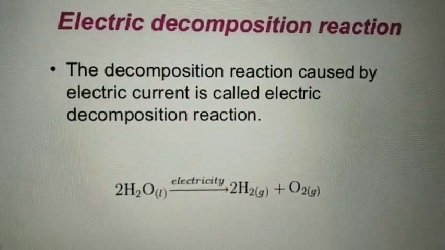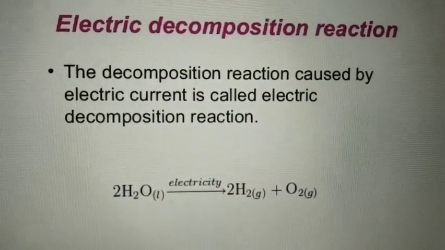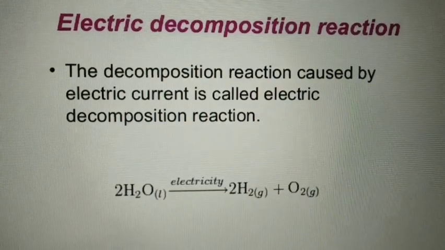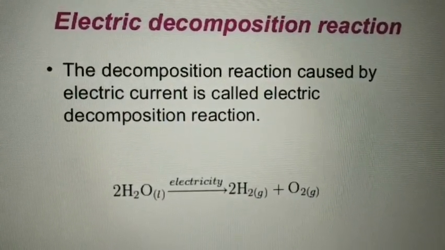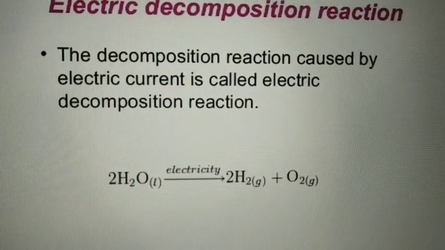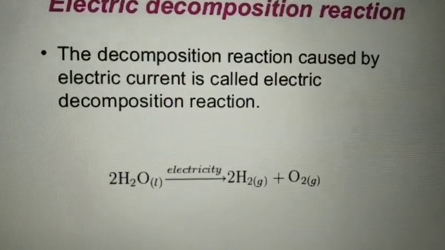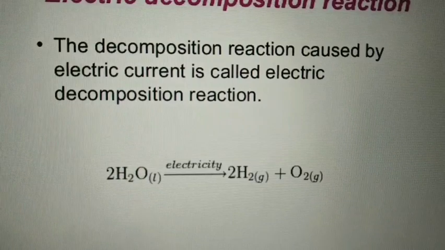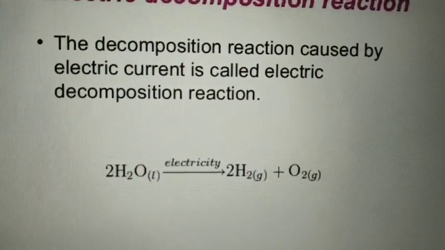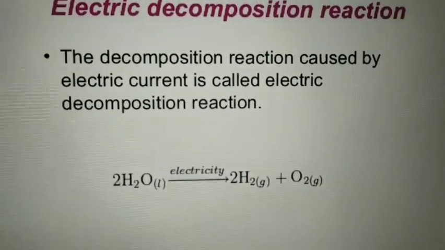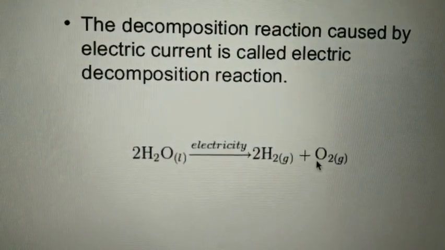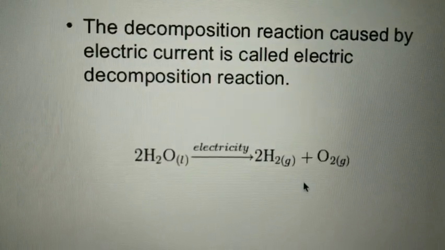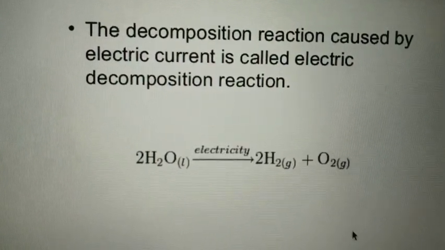This example is very general: if electricity is passed through acidulated water, or you can say water, H2O, you will get H2 and O2 in the ratio 2:1. You can see here 2:1. So in the ratio 2:1, you will get hydrogen and oxygen gas.